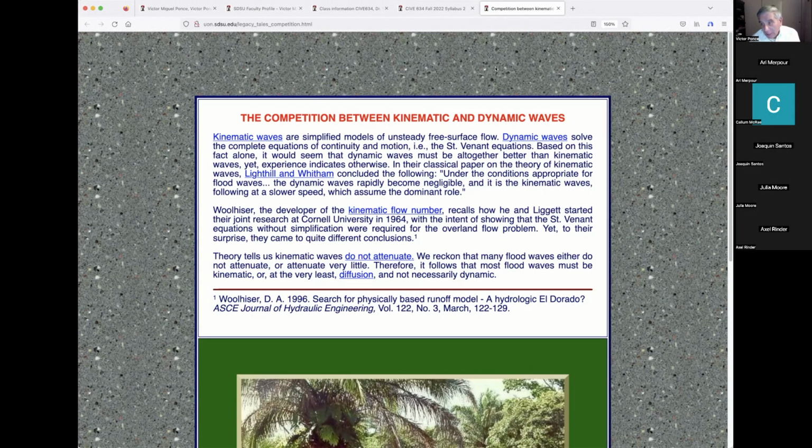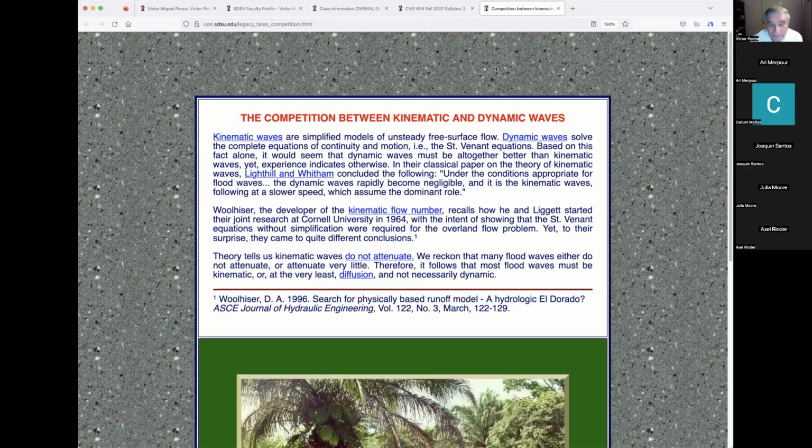Yet, and I say in there, yet experience indicates otherwise. In the classical paper on the theory of kinematic waves, Lighthill and Whitham concluded the following. Under the conditions appropriate for flood waves, the dynamic waves rapidly become negligible, and it is the kinematic waves following at a slower speed which assume the dominant role.